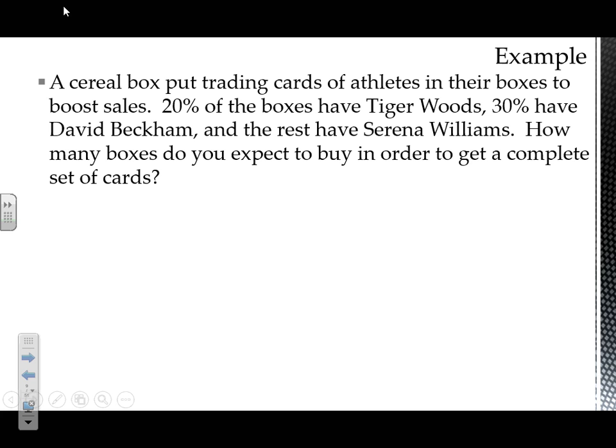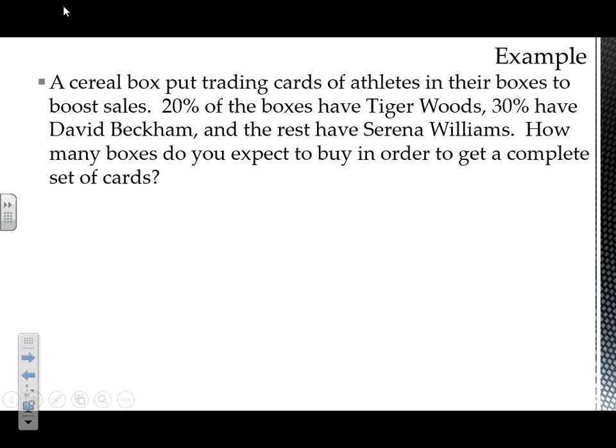simulation. We can use random digits to denote a Tiger Woods card, and random digits to denote Serena Williams and David Beckham. And so then all we're doing is looking through a list of numbers on a table or having our calculator generate a bunch of random numbers for us, and that will give us a look at what would happen in the real world.